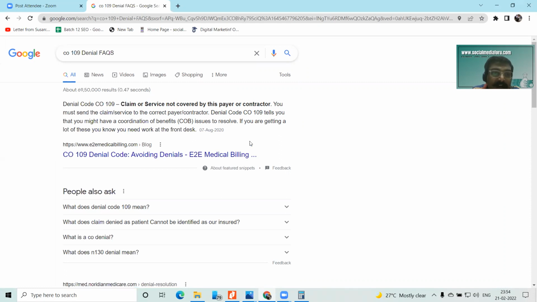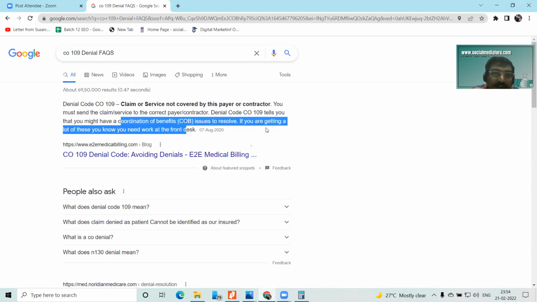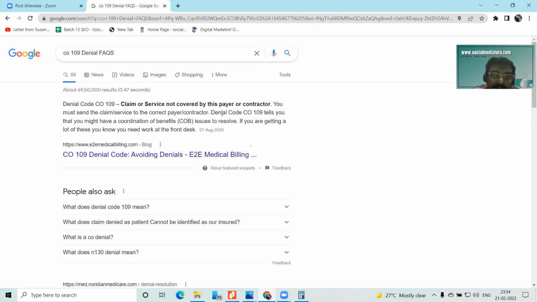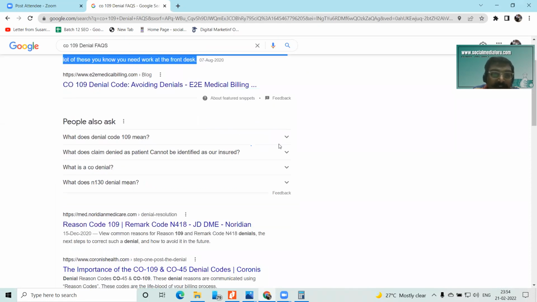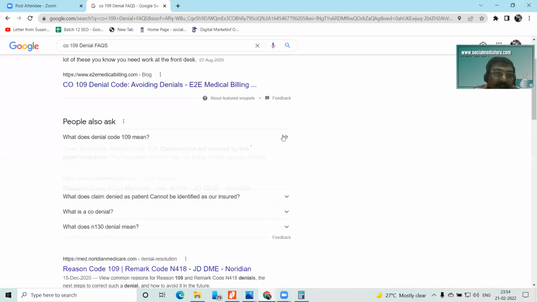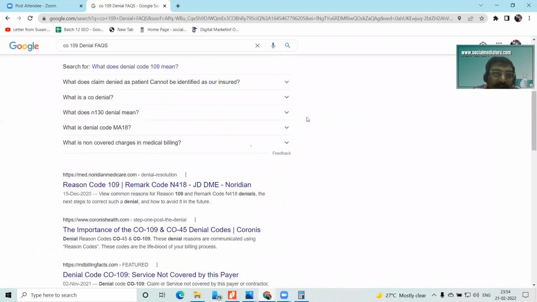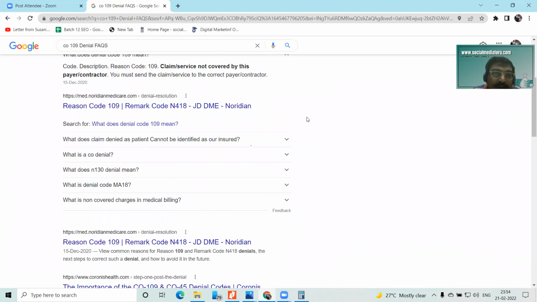So this is the denial code. You have to tell them that you might have a coordination of benefits issue to resolve. If it's not covered by this particular insurance, and you have a secondary insurance, you can try billing them. That's one remedy for this particular type of denial.